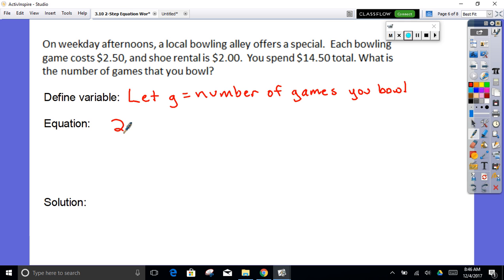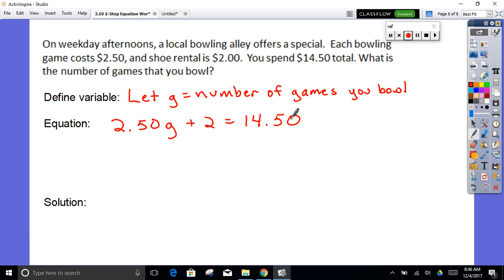I think the other question was 5.50. That's where you were getting it. 2.50 G plus 2 equals 14.50. Okay, excellent. Any questions about the equation, how to come up with that equation? You could also have had 2 plus 2.5 G, and that would have been okay as well.